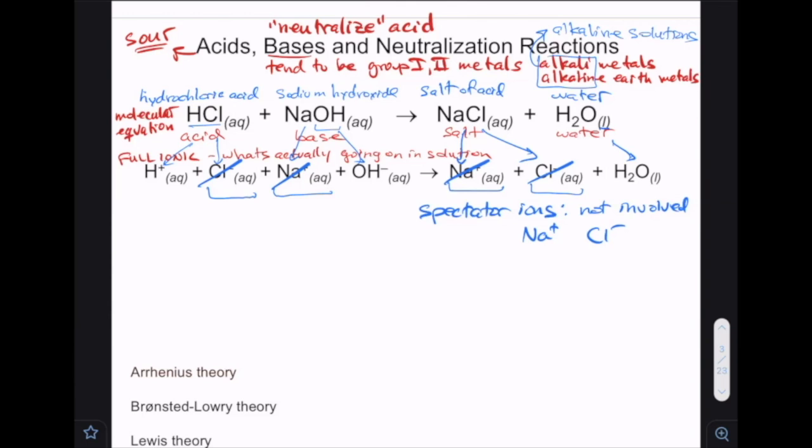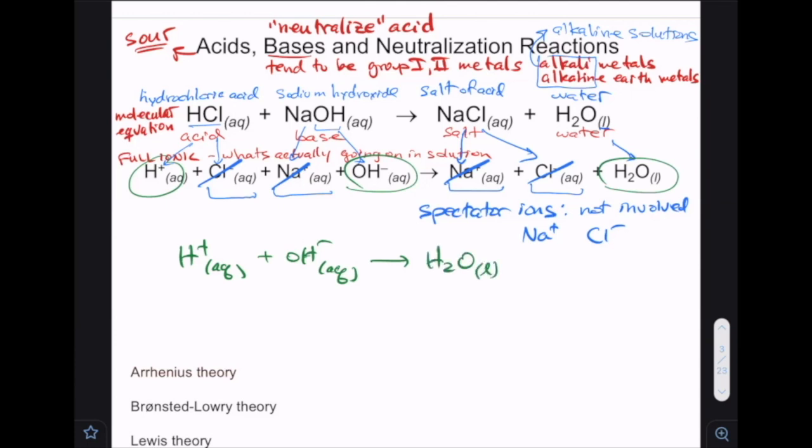But once they're in solution, the only thing that's really reacting is what doesn't cancel out, what's unique on each side of this reaction. That's the hydrogen ions in aqueous solution and the hydroxide ions in aqueous solution. And when they're present together, they will combine and form liquid H2O.